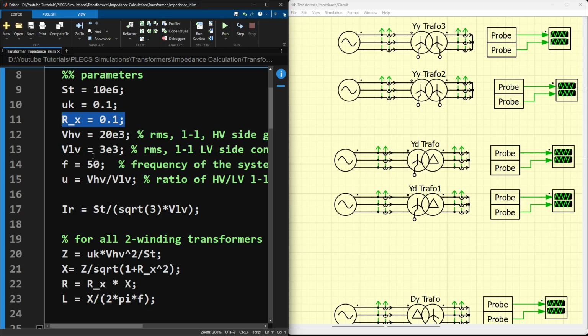The grid that I consider is a 50 Hertz grid. Now for the definition of the turns ratio, it's as usual the ratio of the high voltage to the low voltage side.